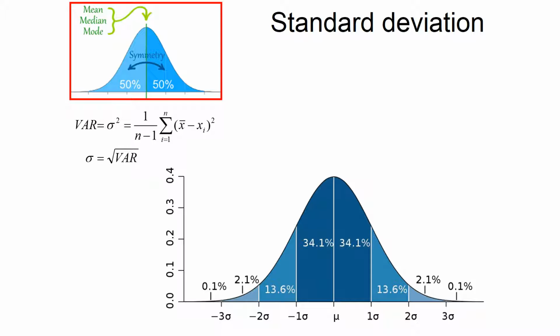So if you want to know how likely it is for you to make another measurement of a person or of a population or anything, and it to be within a certain range, then you could use the mean plus or minus 1 standard deviation. That would tell you that you were 68% likely to sample within it again.